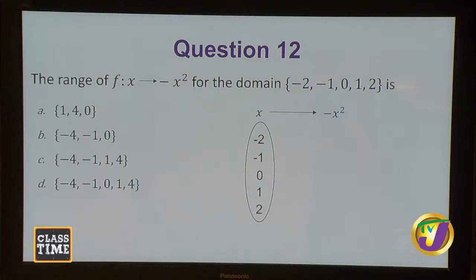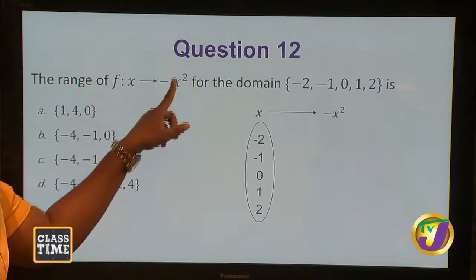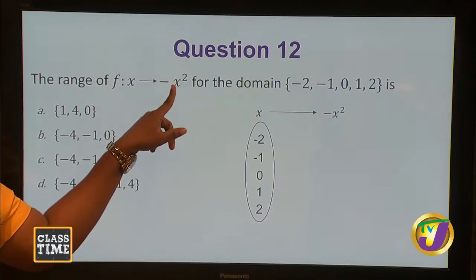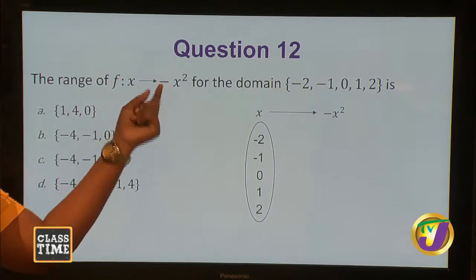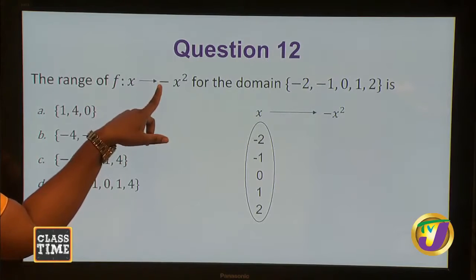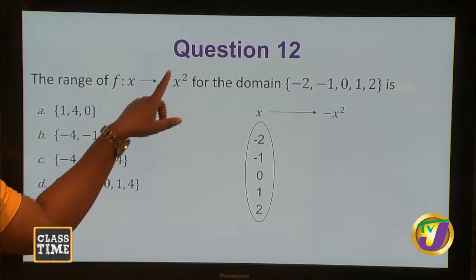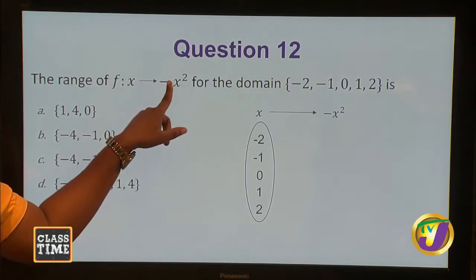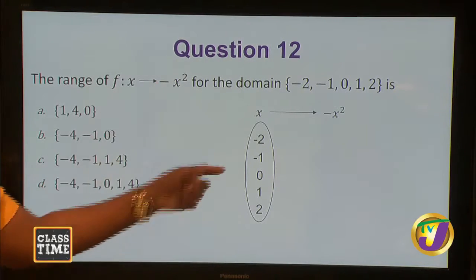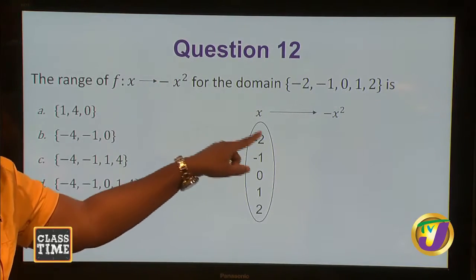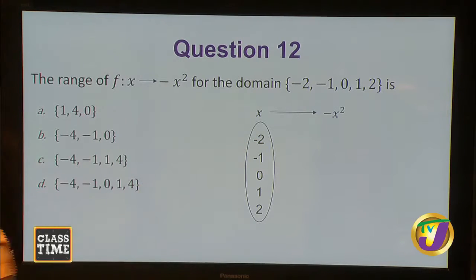So -2, we know that when we square -2, it's positive 4, right? But guess what? We have to be careful of this negative right here because it means every value I get when I square x, I need to multiply it by negative 1. So if I got 4 when I squared negative 2, I need to multiply it by negative 1, which is going to now give me negative 4.